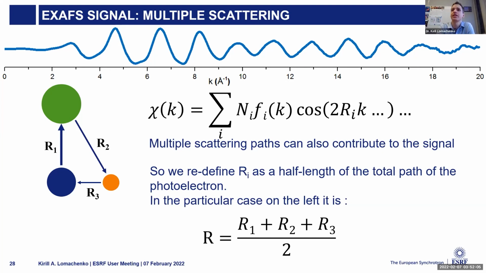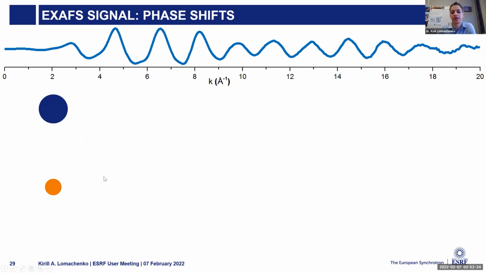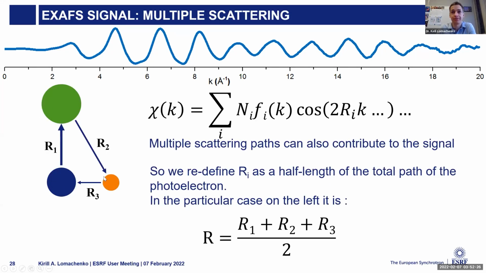If it's a bond distance, for a single scattering, the scattering path is twice the bond distance, so half length stays a bond distance. But in case of multiple scattering, it's going to be half the length of the whole path, so R1 plus R2 plus R3 divided by 2.